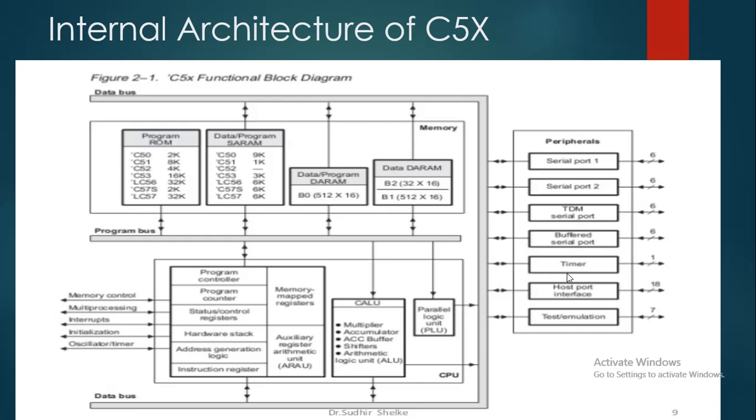And the TDM serial port operates in the C50, C51 and C53 devices. They operate in either the TDM or the non-TDM mode. And host port interface, HPI, is available on the C57 and C75 devices. It is an 8-bit parallel port used to interface a host device.